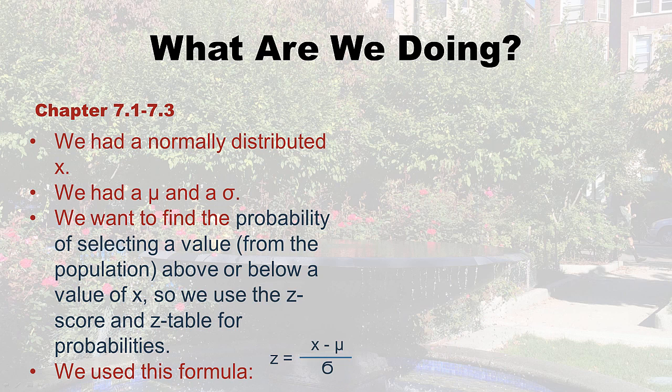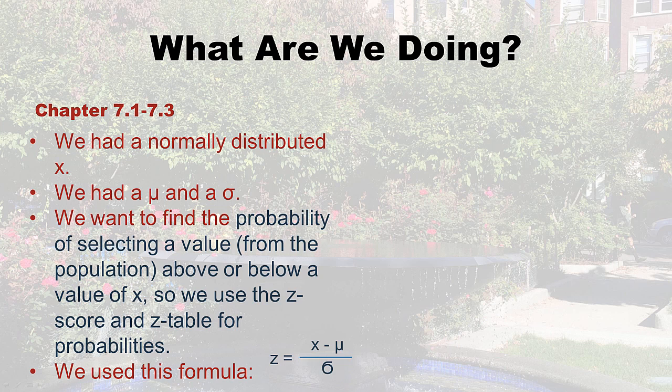Okay, but let's remind ourselves what we were doing. In chapters 7.1 through 7.3, we were looking at a normally distributed x. We had this population of quantitative values that were normally distributed, with a population mean, mu, and a population standard deviation.